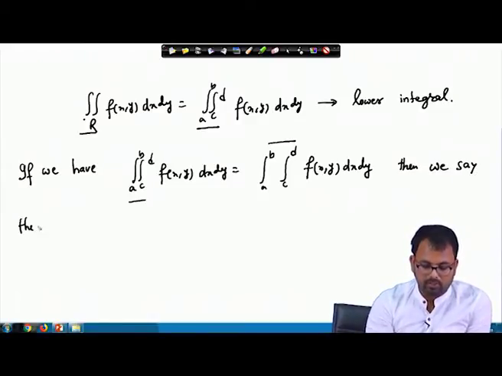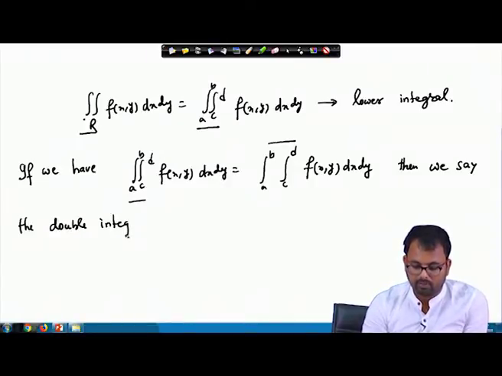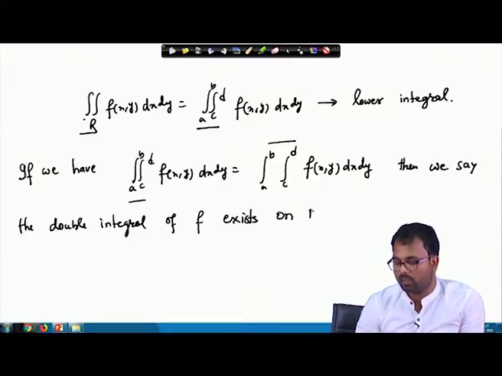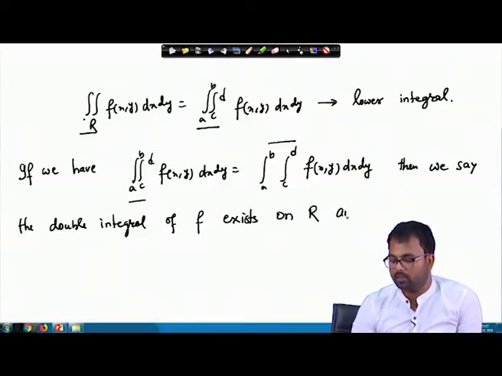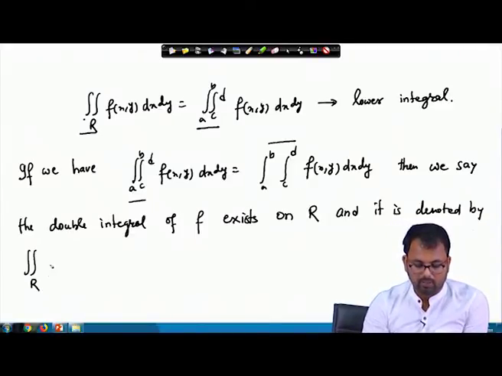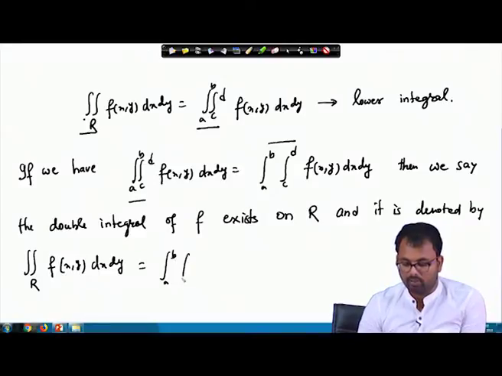the double integral of f exists on the rectangle R, and it is denoted by the integral over the rectangle R of f(x, y) dx dy, or you can write the integral from a to b, integral from c to d, f(x, y) dx dy.